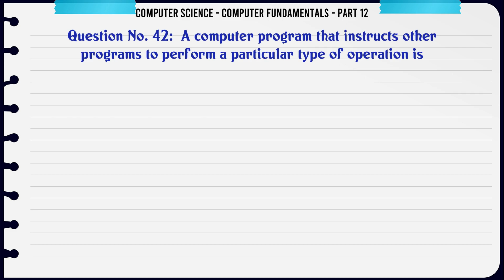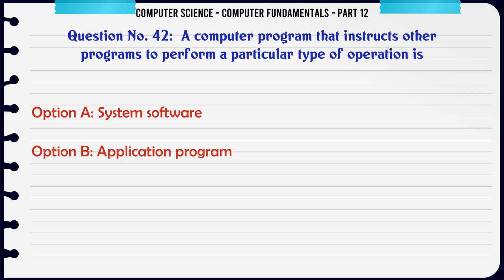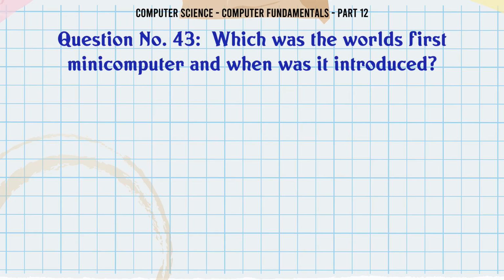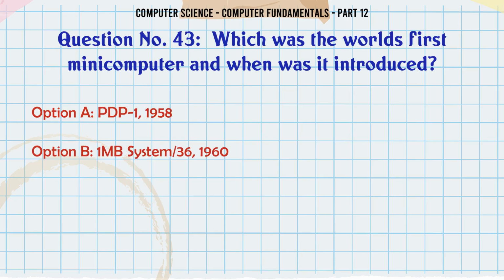A computer program that instructs other programs to perform a particular type of operation is A. System software, B. Application program, C. Compiler, D. Interpreter. The correct answer is system software. Which was the world's first minicomputer and when was it introduced?